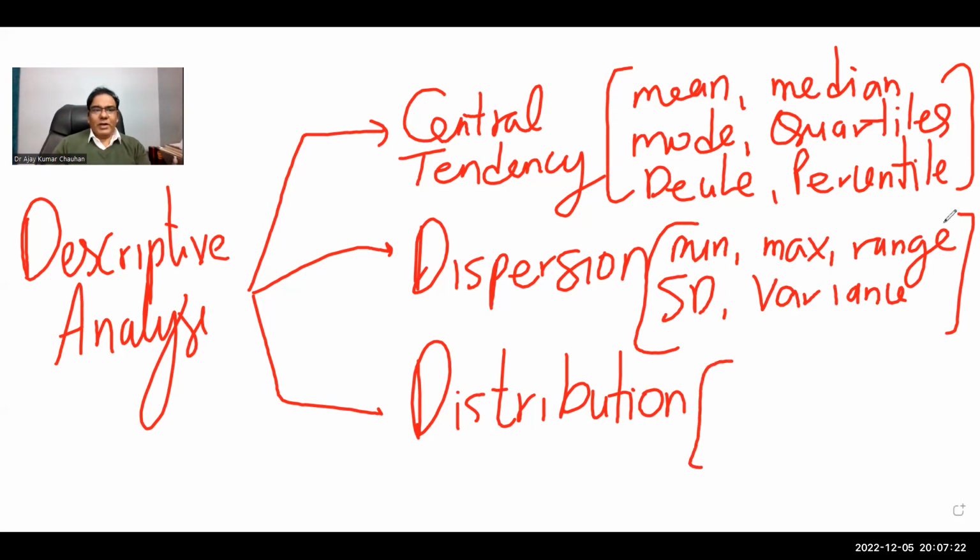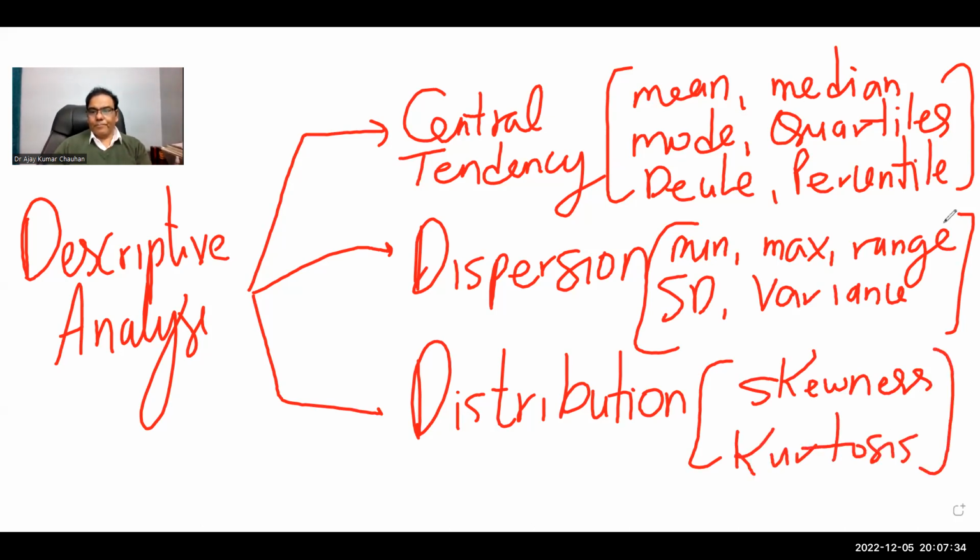And in distribution, we are having only two things. The first one is known as skewness, and second one is known as kurtosis. So these are the different components of the descriptive analysis.